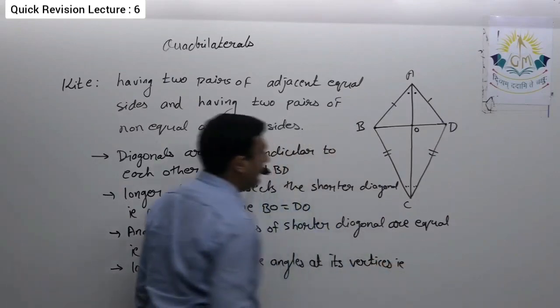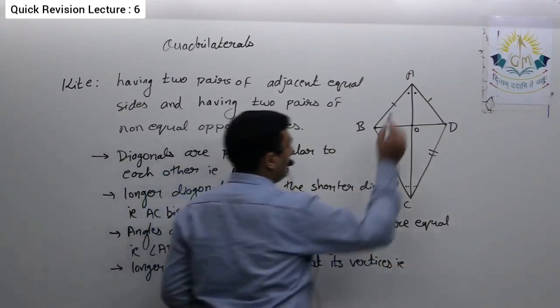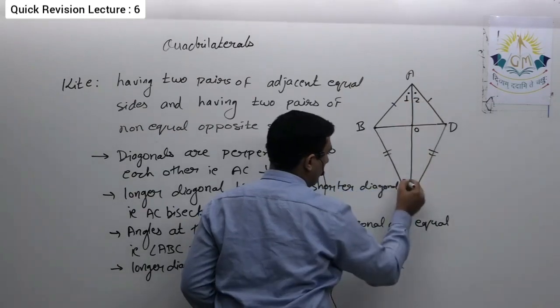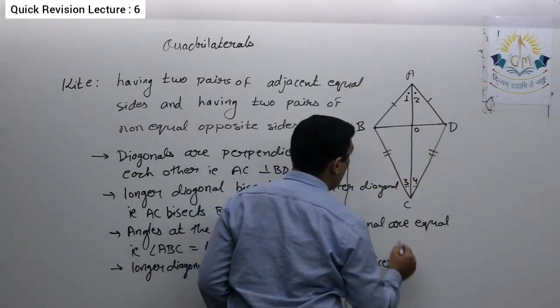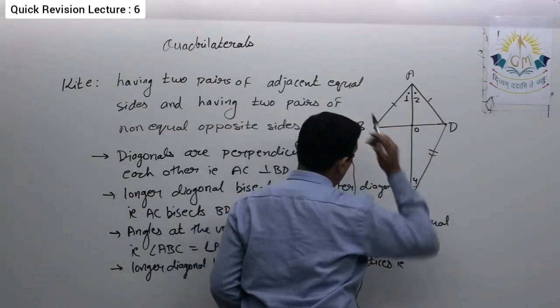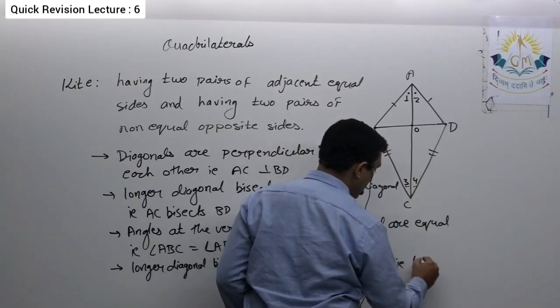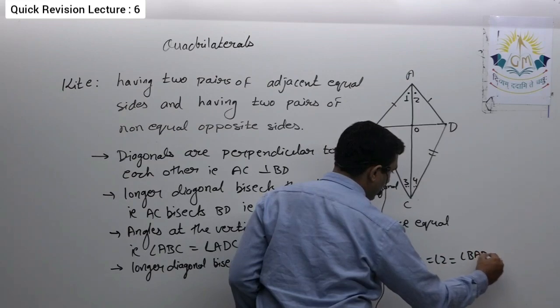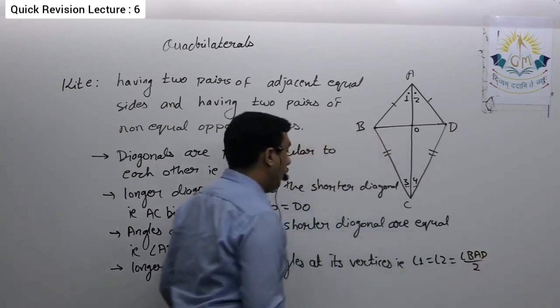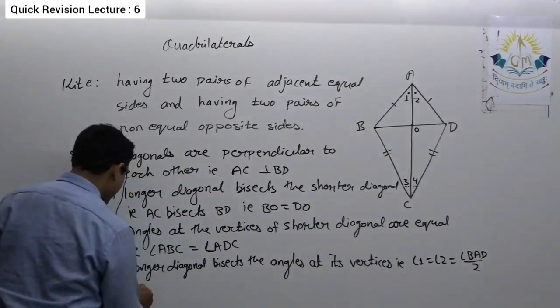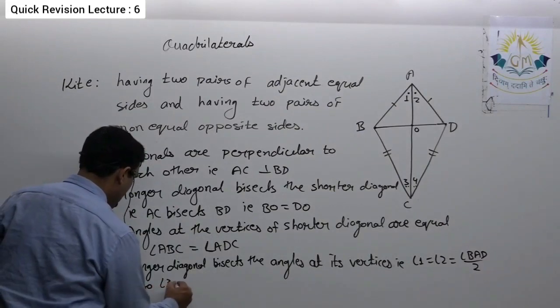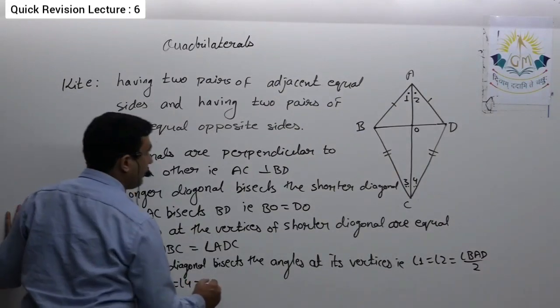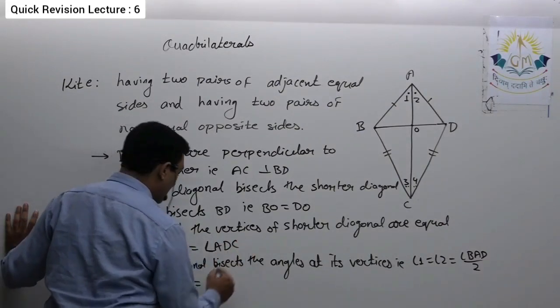If I say this is angle 1, this is angle 2, this is angle 3, this is angle 4, then angle 1 is equal to angle 2 is equal to angle BAD by 2. Also angle 3 is equal to angle 4 is equal to angle BCD by 2.